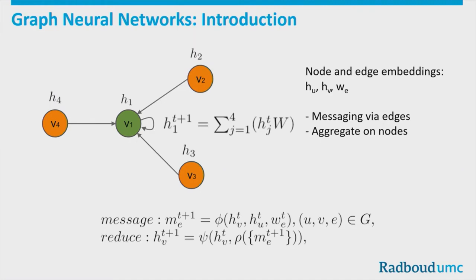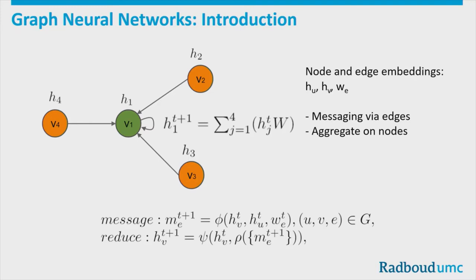If we want to update the node features for the node in the center, which is node 1, colored in green, we can simply collect the messages from neighboring nodes, then update the state for node 1.